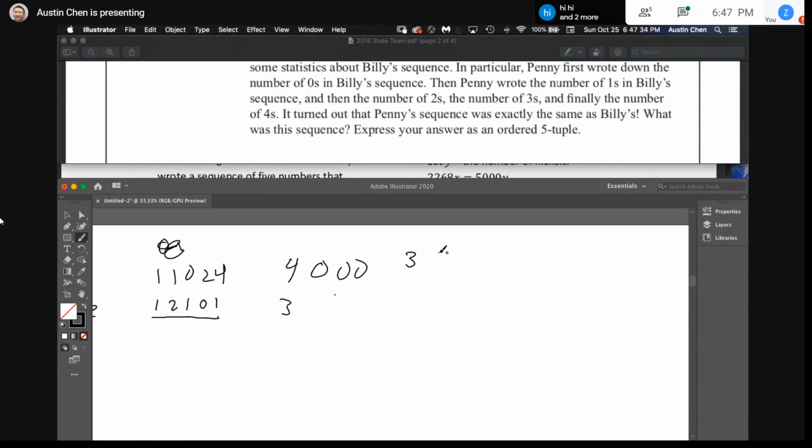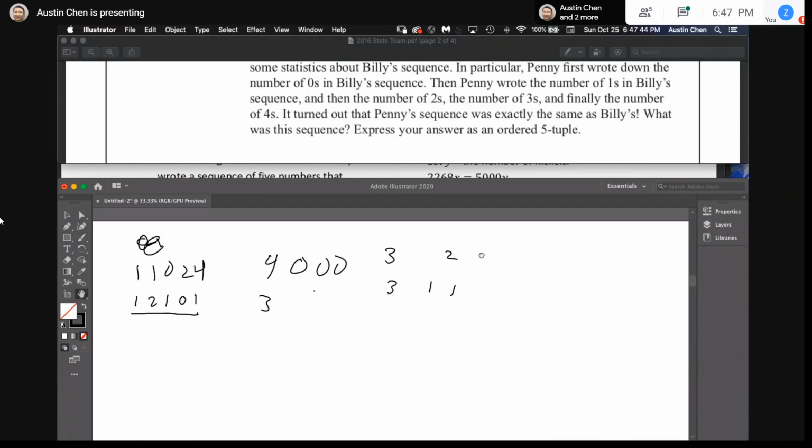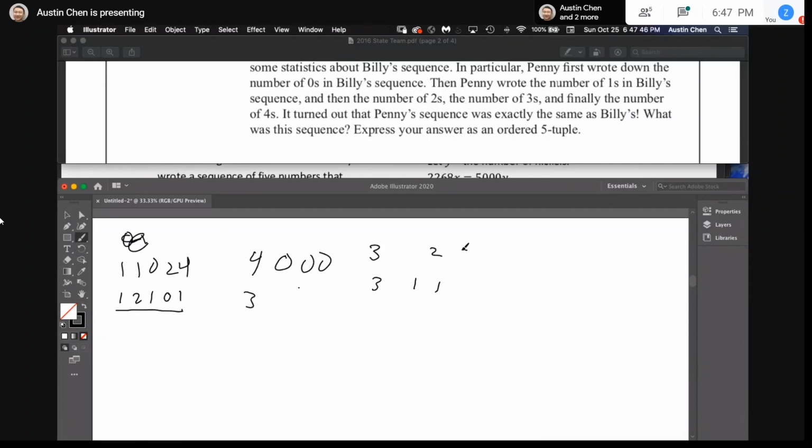Testing your three case. One case is if you have a three and a two and the rest are zeros, and another case is if you have a three and two ones and the rest are zeros. In the three, two, and three zeros case, you have three zeros, so your statistical sequence must start with three. Then your sequence must start with three.